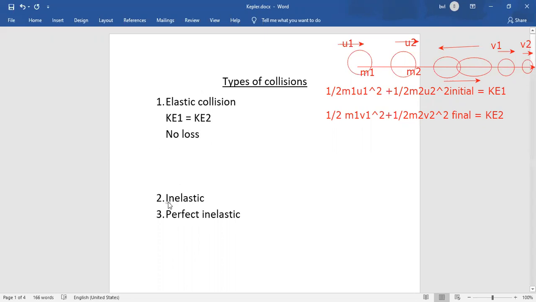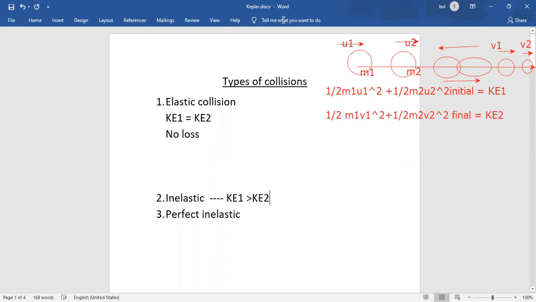And the second one is inelastic collision. Why is the energy equal in elastic collision, total energy before and after the collision, but in the case of inelastic, KE1 is not equal to KE2?